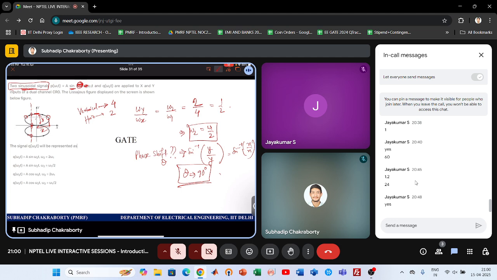So sine theta becomes cos theta, or sin omega 1t becomes cos omega 2t, right?